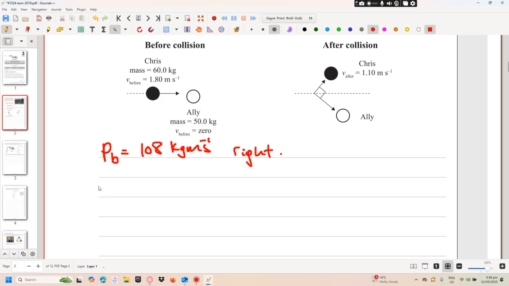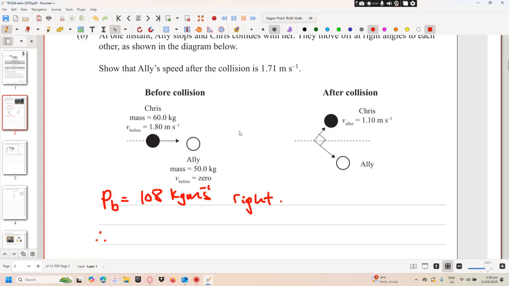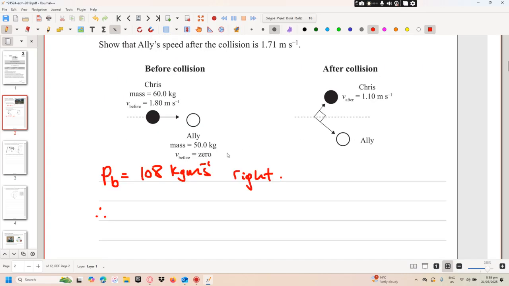Okay, so therefore Chris and Ali move at right angles to one another. Oh man, that's kind of fried. V after is 1.1, so the vertical components must be equal, because momentum up and down is conserved.